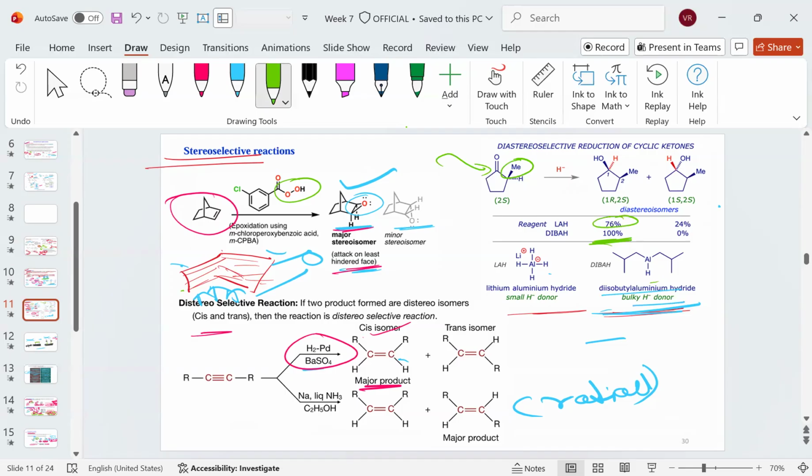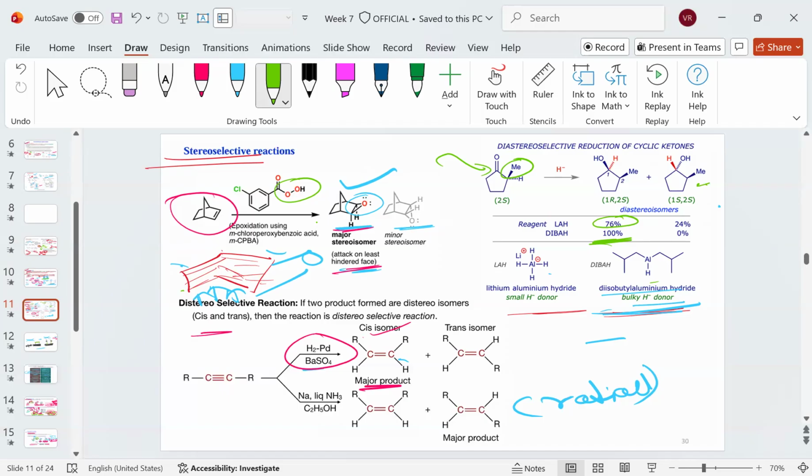And if you look at the addition of lithium aluminum hydride on this same substrate, we get 76% formation of the product in which the hydride attacks from the downside. But along with this, we get some amount of the product in which the hydride attack takes place from the top side. So this is again a stereoselective reaction, but not a very stereoselective one. If we need very selective reactions, then we need to optimize the reagent conditions, as we see here.